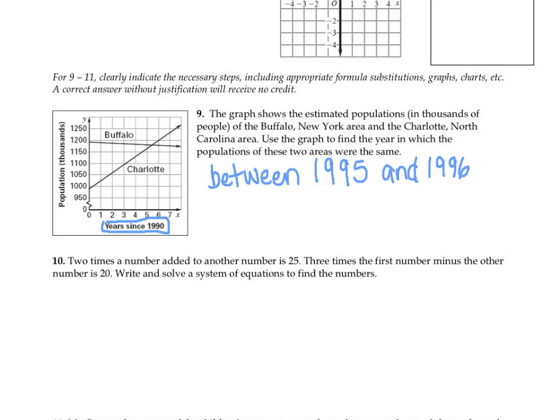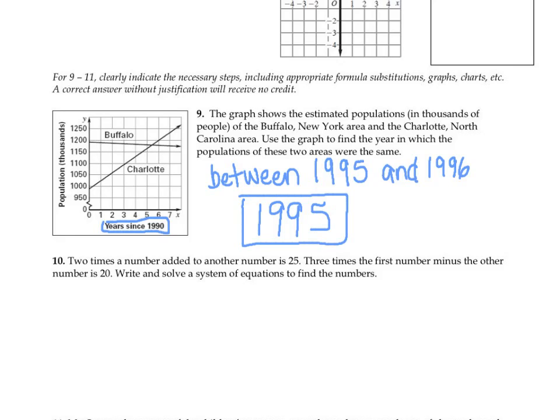Because it's years since 1990, and 1990 plus 5 is 1995, and 1990 plus 6 is 1996. So if the intersection is between 1995 and 1996, that means that the year that the populations were the same is 1995. It's because it'd be during the year 1995.